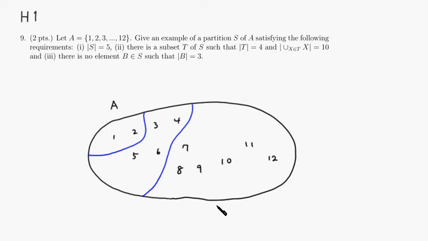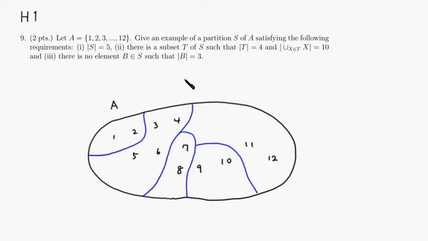Then you can have 7 and 8 together, and we need 2 more subgroups, so I have to divide the rest into 2. We can't have 3, so we can have 9 and 10 together.